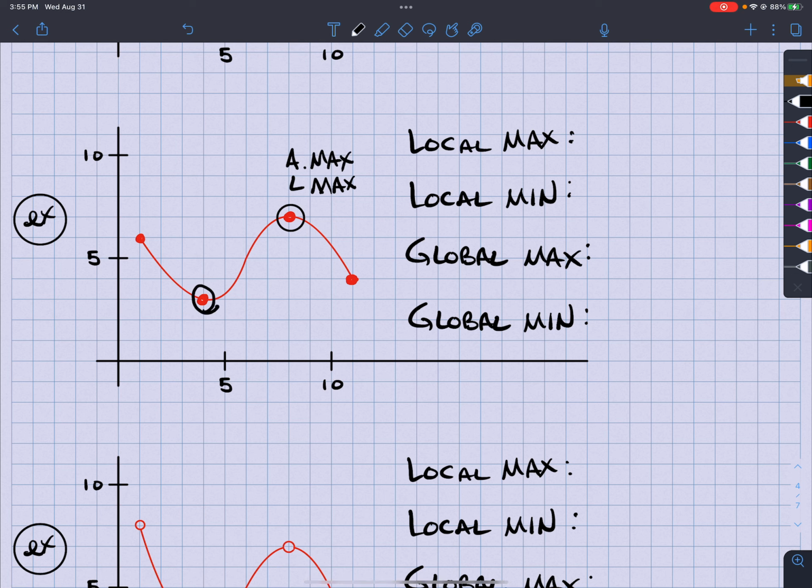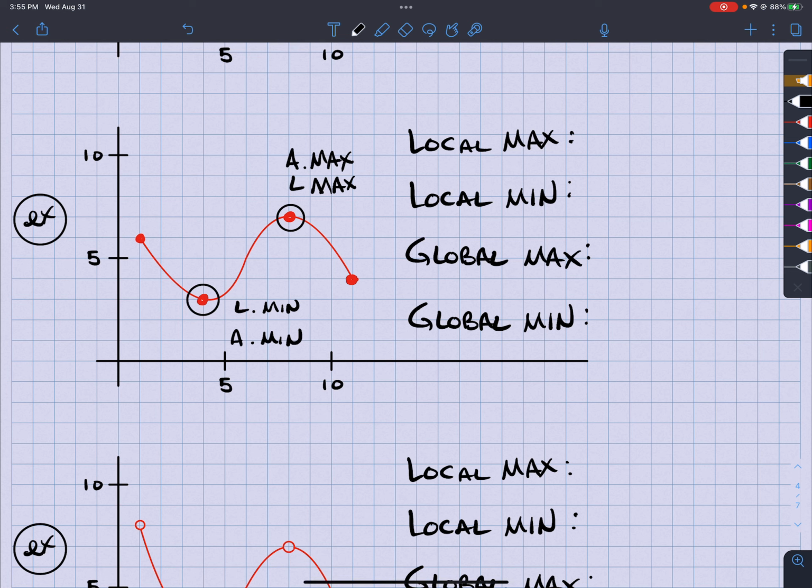And here is typically my local min, but since it's the lowest point, it's also my absolute min.